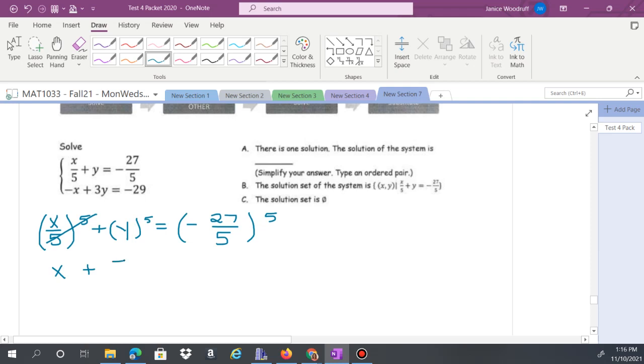Y times 5 is going to give us a 5y. These 5s will eliminate, and that'll give me a negative 27. Okay, so now I'm dealing with these two equations. I have x plus 5y equals negative 27, so that's my first equation. Then my other equation is negative x plus 3y equals negative 29.